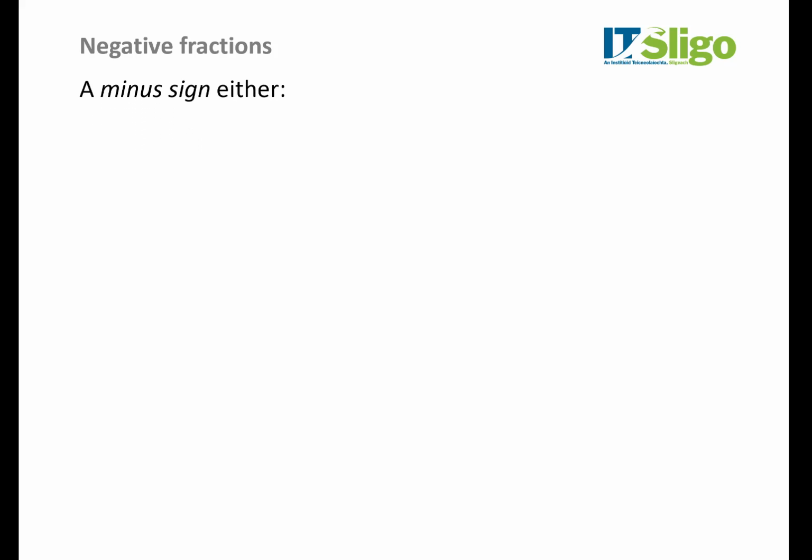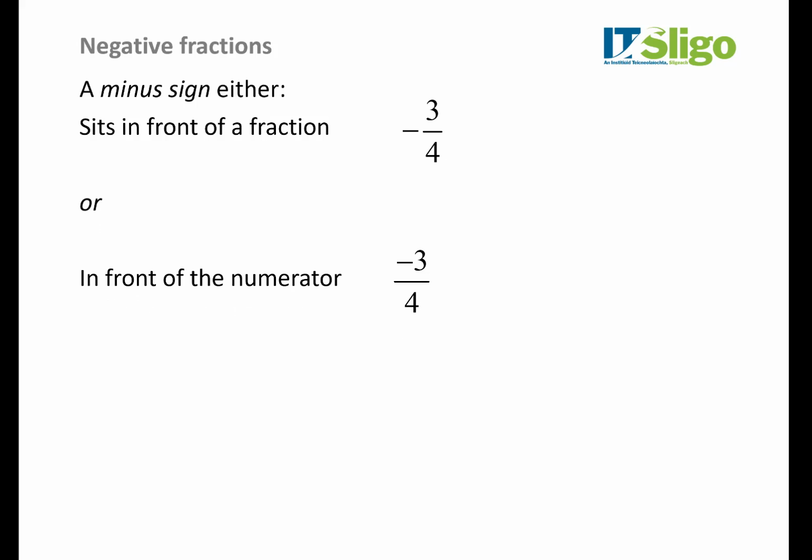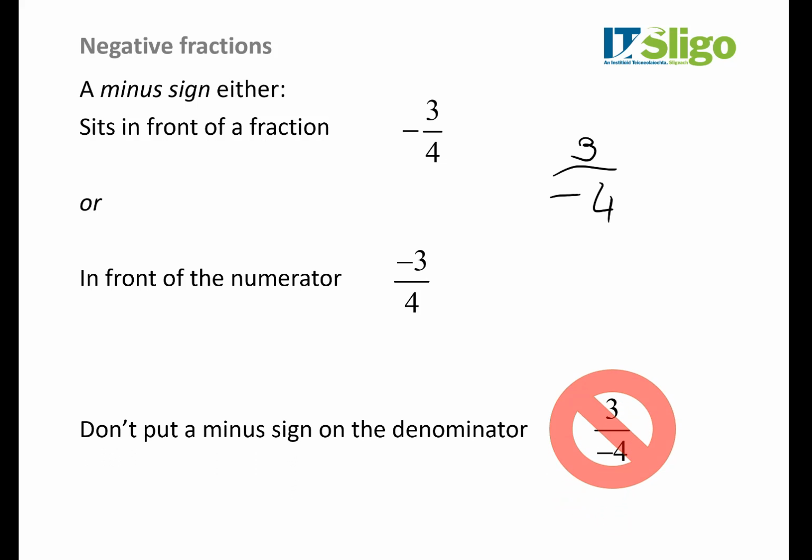Negative fractions. This is more about aesthetics. Often, guys, you'll end up with an answer, and you might end up with, say, 3/-4. Generally, guys, you don't write the minus on the bottom. It's kind of bad manners in maths.